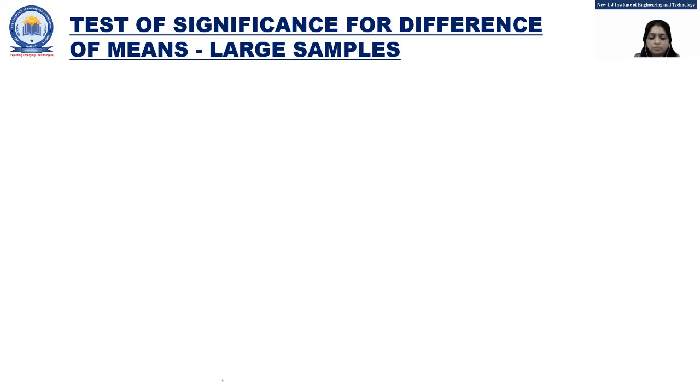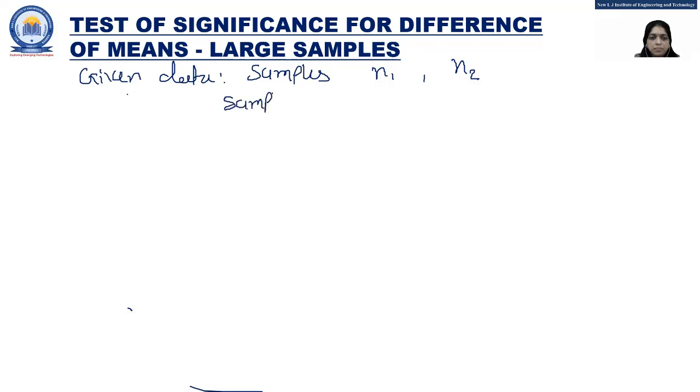So here, first we start with the given data, then we'll move to the working rule. For the given data, we have two samples, N1 and N2. Sample means are x1 bar and x2 bar.